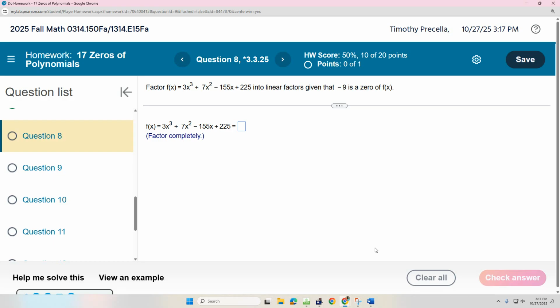And they tell us that negative 9, I'll write it as k equals negative 9, is a 0. The coefficients are 3, 7, negative 155, and positive 225.